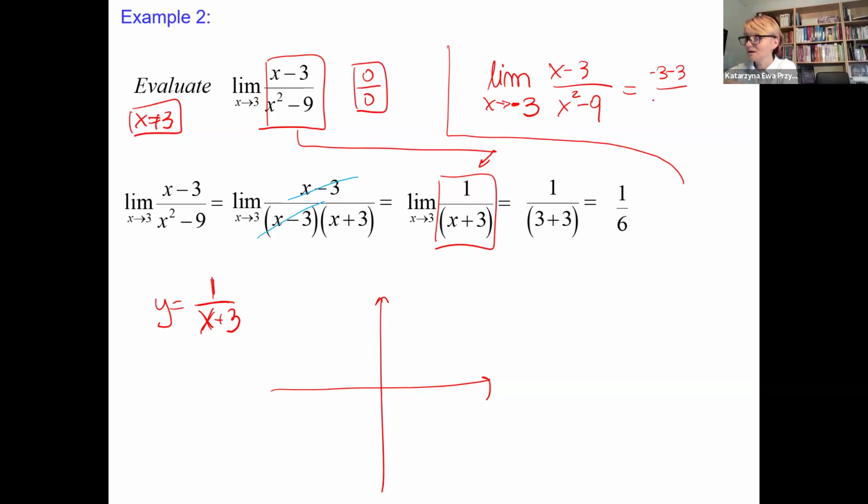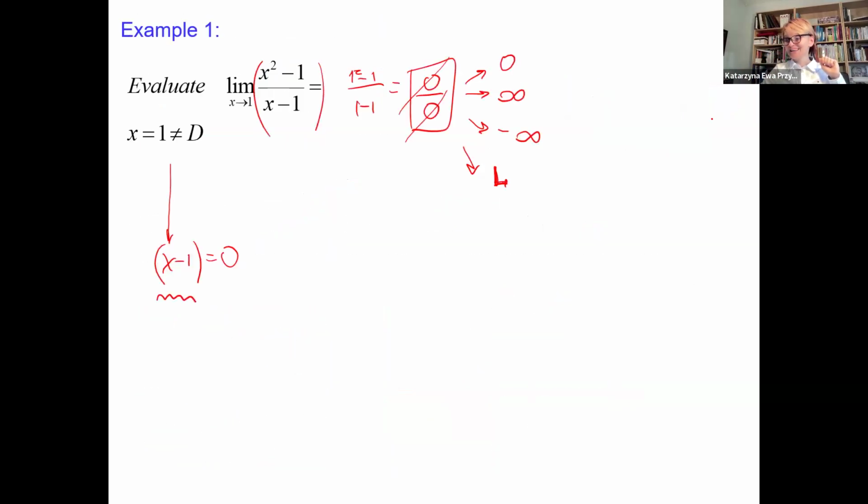We're getting 9, because -3 squared is 9. We're getting a constant, a finite number over 0. Is this an indeterminate form? Oh, yes. Let's come back really quickly.